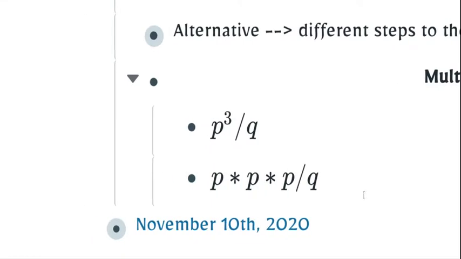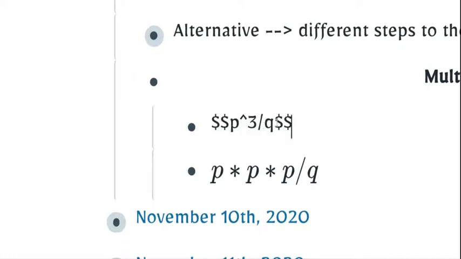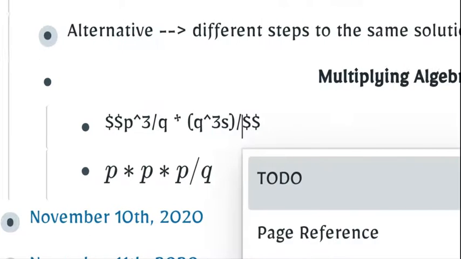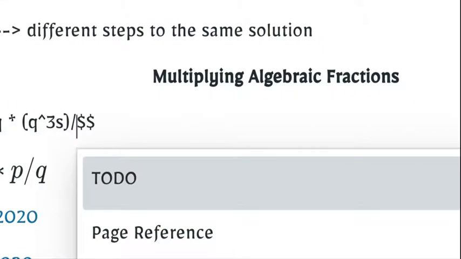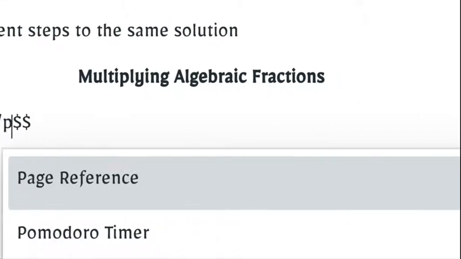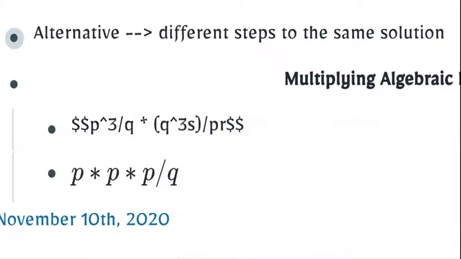So let's say not only do we have P cubed divided by Q, we have another fraction, times Q to the cubed power S, divided by P R.